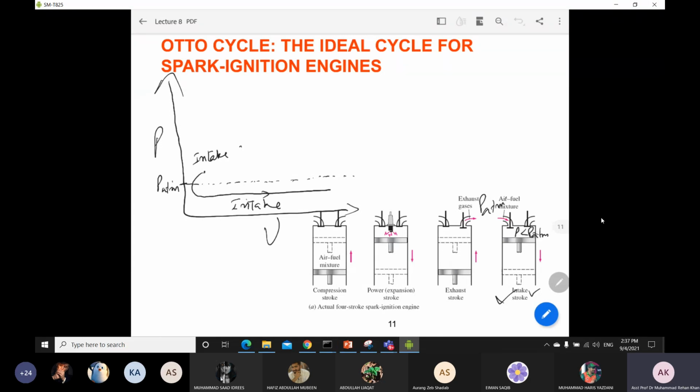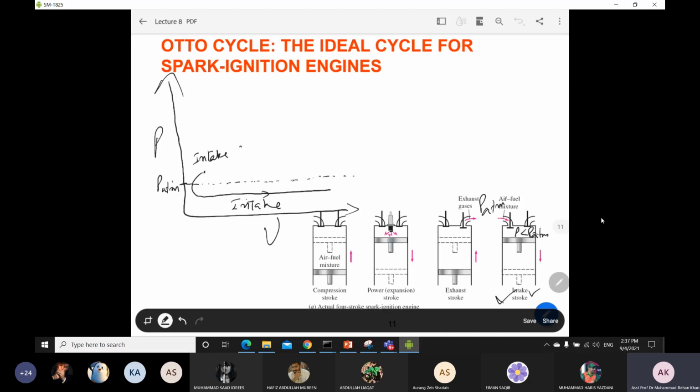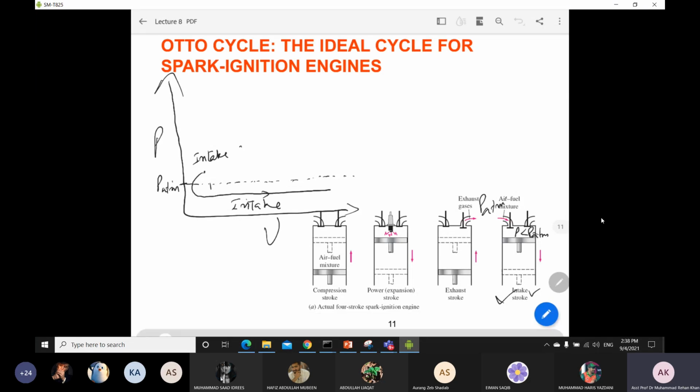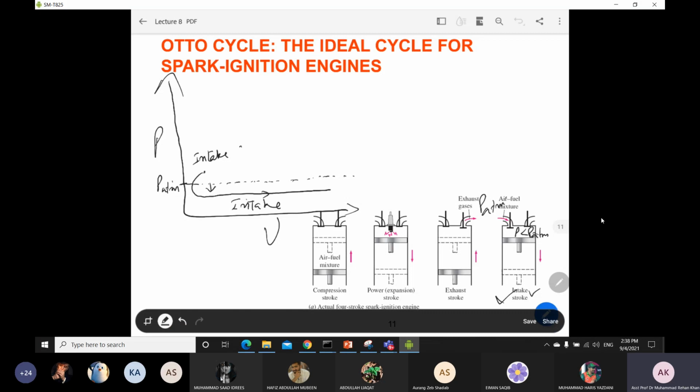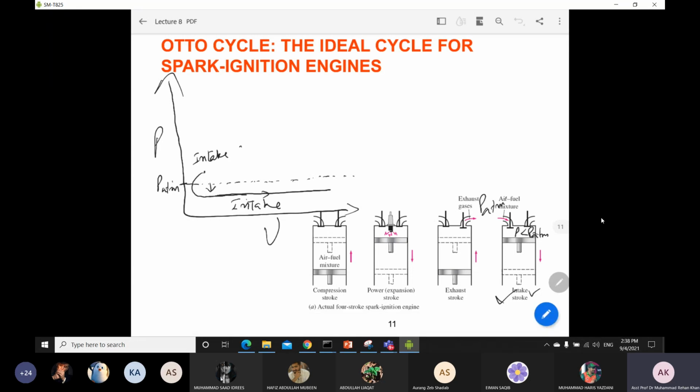It means that after intake, your pressure inside the cylinder will move down below the atmospheric pressure. So we have to draw this line like this. After intake there will be a decrease in pressure, and then when the intake is finished, this pressure will remain the same inside your cylinder.